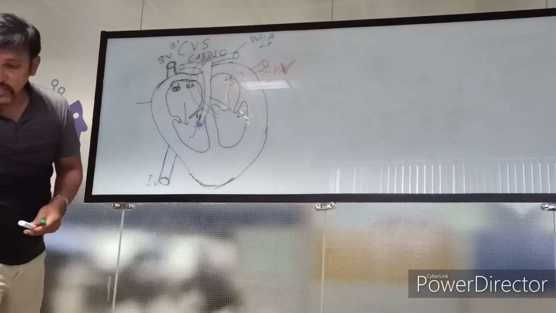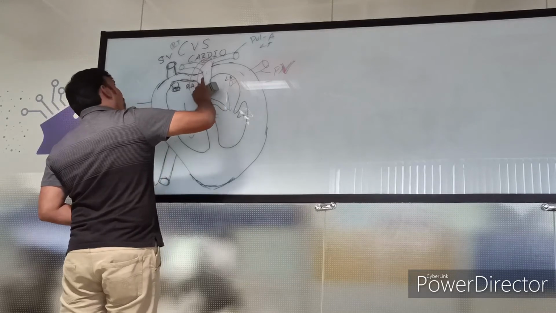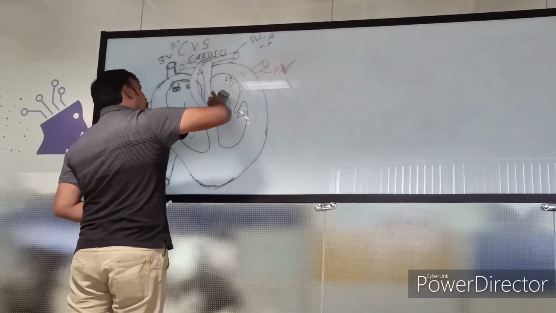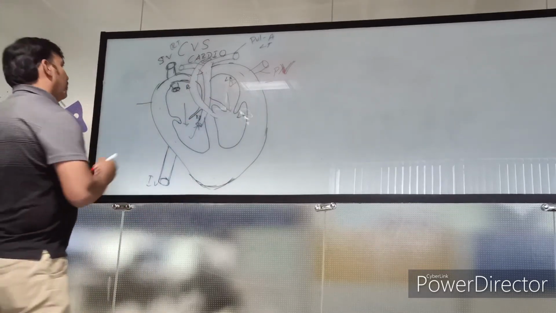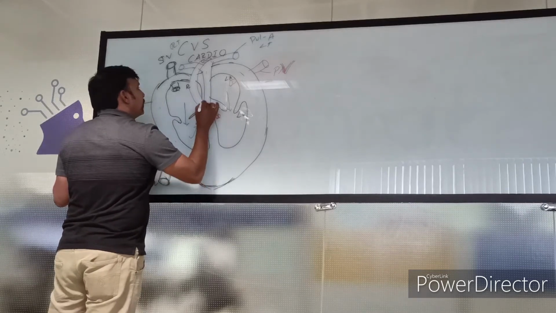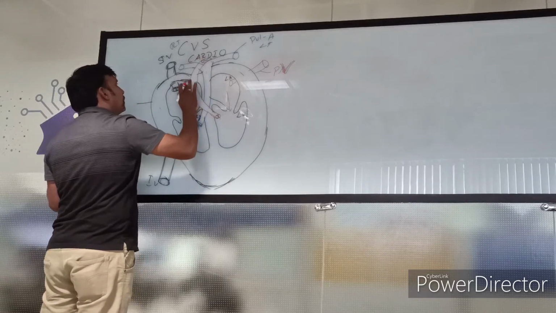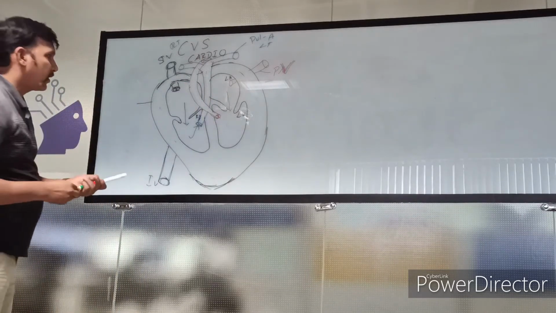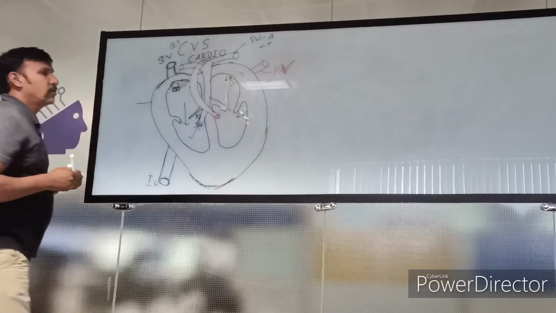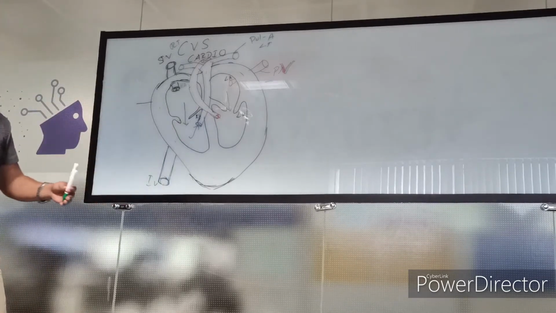The largest artery that goes out is known as the aorta. Aortic valve will be here. I'll just write RA here. Did you understand? So what will the aorta do?